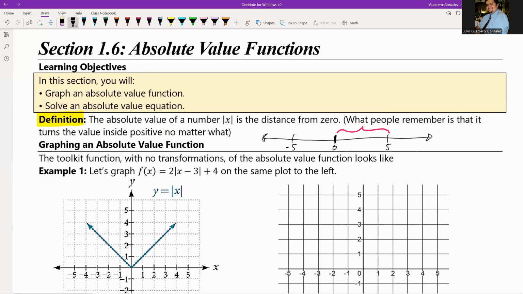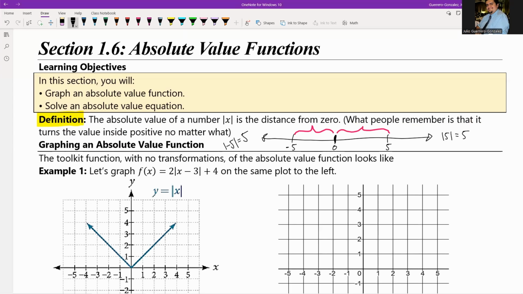That's why we say the absolute value of 5 is equal to 5. Same idea this way: this distance is 5 spaces away from zero, so the absolute value of -5 is equal to 5. It does turn everything positive, but not for the reasons that you think. It's not defined that way. The actual definition is the distance away from zero. That's why the absolute value of -5 is +5, because it's still 5 away from zero.